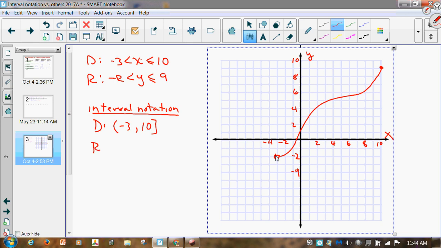The range would be again -2 here for y, and the high value would be 9 for y, and that's the bracket.